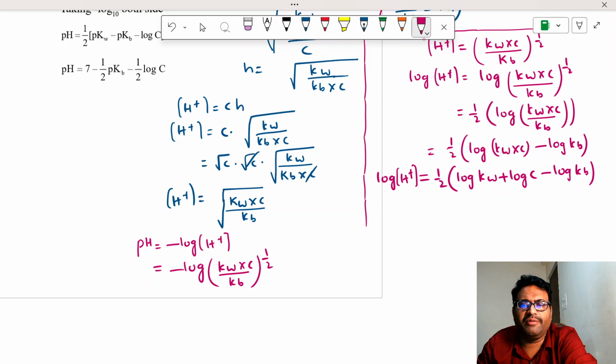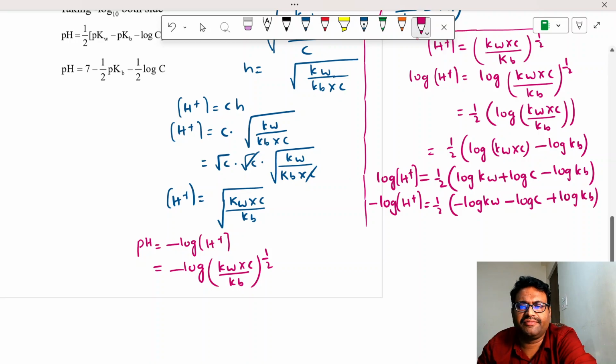If I multiply minus on both sides, then what do I get? Minus log H plus ion concentration is equal to half into minus log Kw minus log C plus log Kb, right?